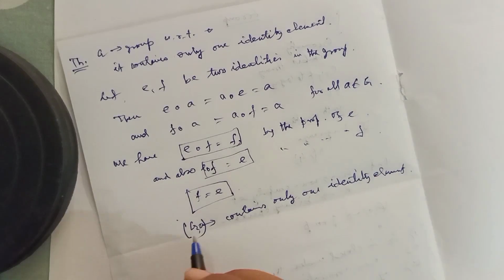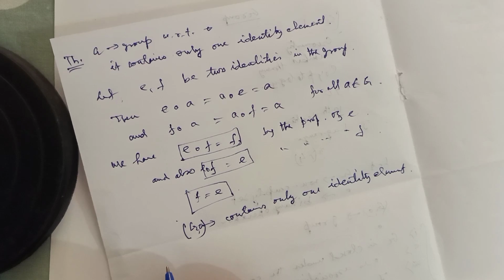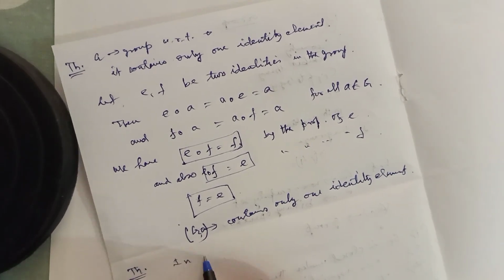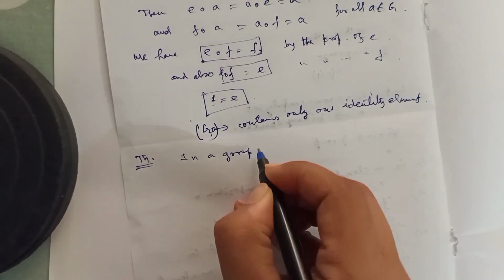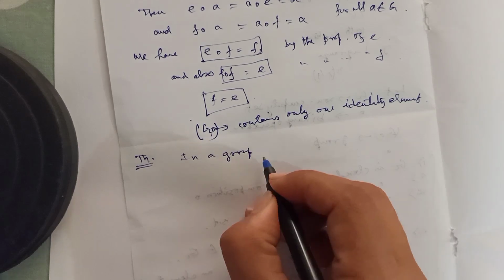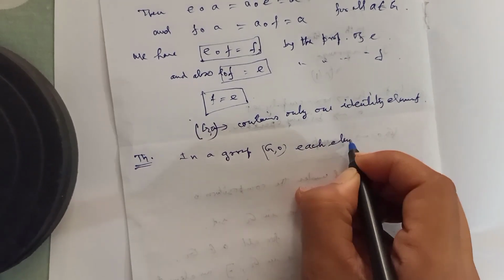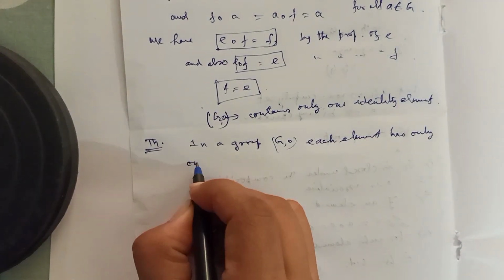Now we have to prove that in the group G, each element has only one inverse. The next theorem is: in a group G, each element has only one inverse.